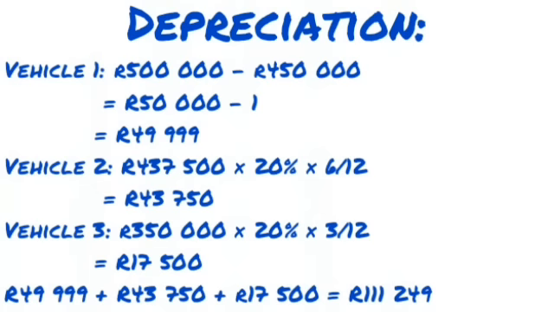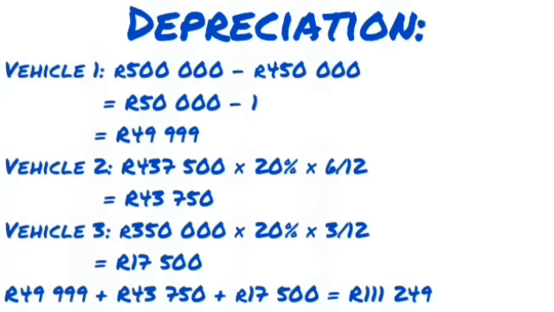For vehicle 2, we take its cost, multiply by 20%, and then we remember that it was sold in September. So we had it from February to September, that's 6 months. That gives us our depreciation at 43,750.